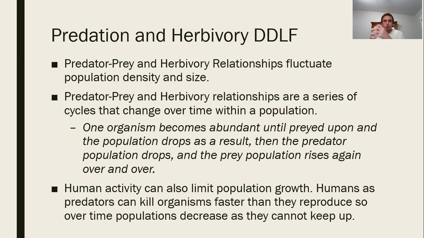As the mice population shrunk, the cat population would begin to shrink because the cats are either having to leave to go find new food resources, or they're dying off because there's not enough food available. And as the cat population shrinks, the mice population grows again. And as this grows, the cats grow. And as the cats grow, the mice shrink. It makes this circle that is dynamic, always fluctuating or changing over time within an ecosystem.